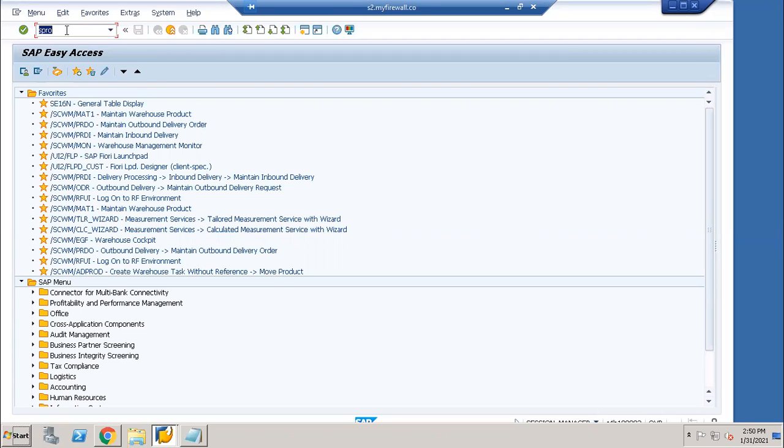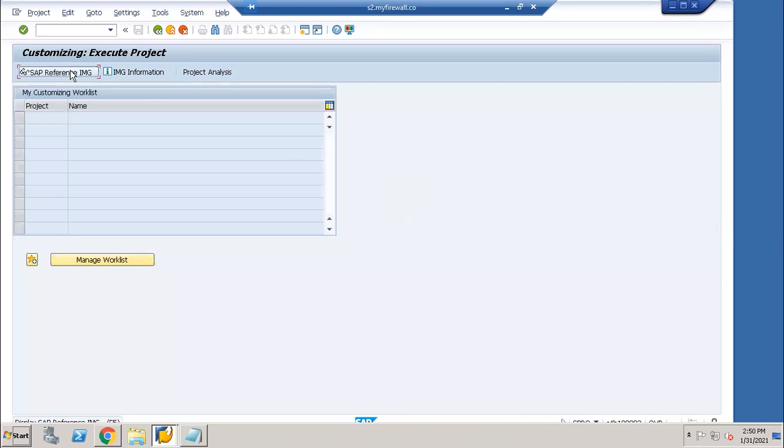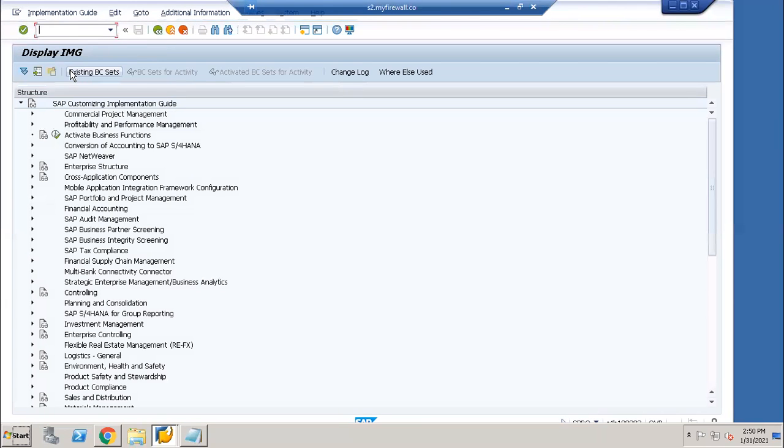Then we also saw the specific activities for stock placement, setting the storage type search sequence for put away. Today we shall see stock removal.